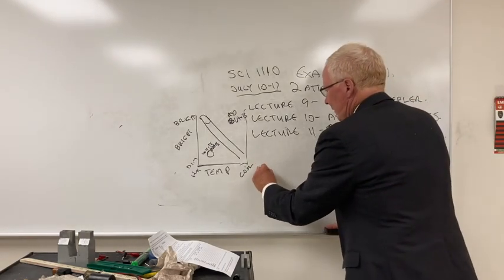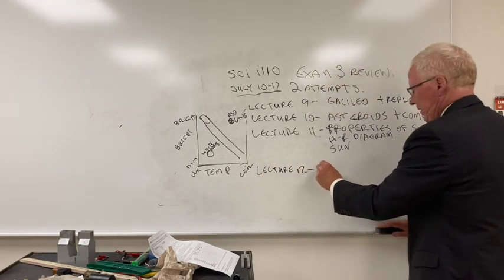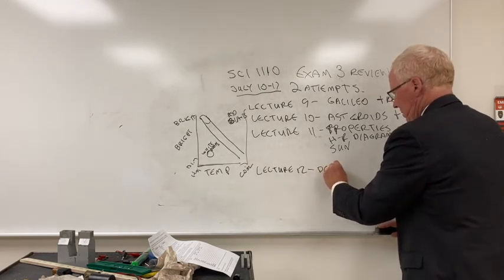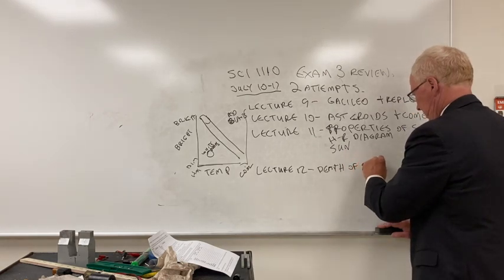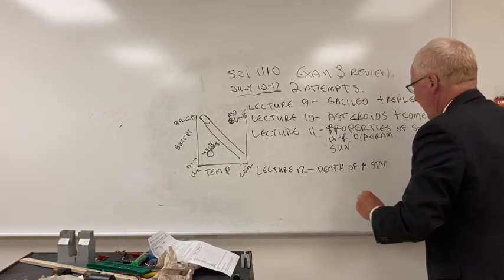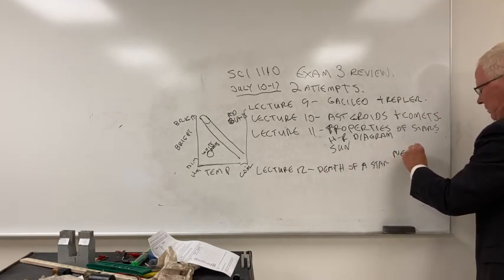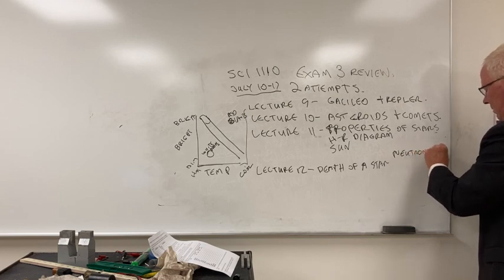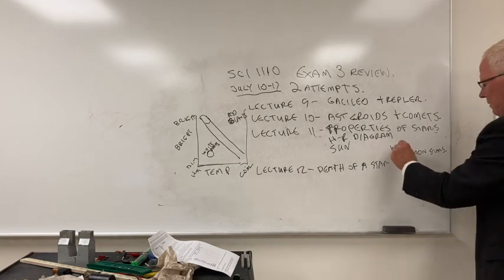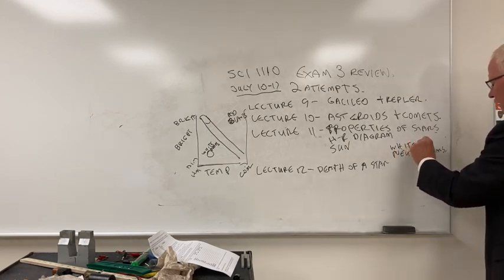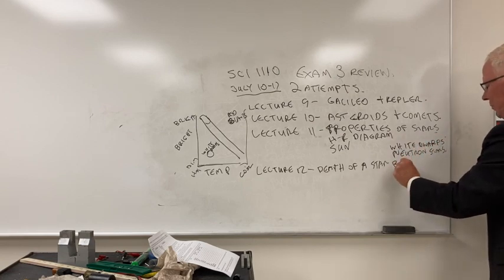Lecture 12, if you look at the handout there, is on the death of a star. This includes black holes, neutron stars, white dwarfs, which is what the sun will end up being, and then finally black holes.